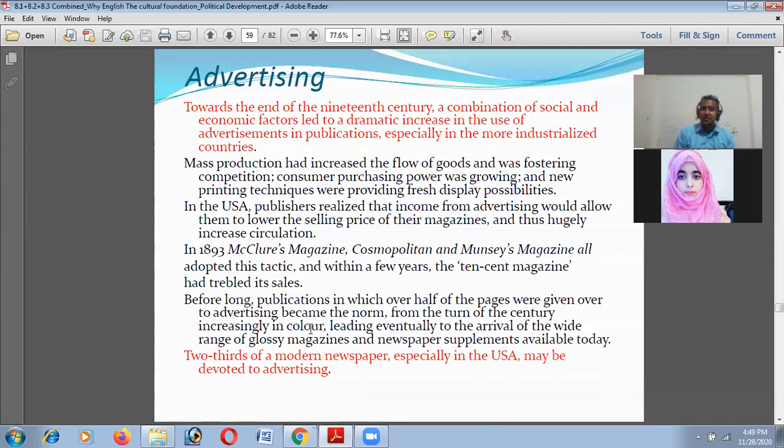Towards the end of the 19th century, the combination of social and economic factors led to a dramatic increase in the use of advertisement in publications, especially in more industrialized countries. So towards the end of the 19th century, advertisement gets prominent for international marketing.